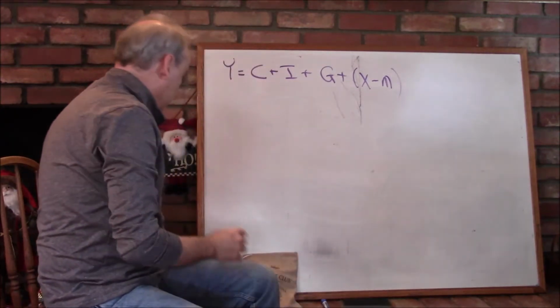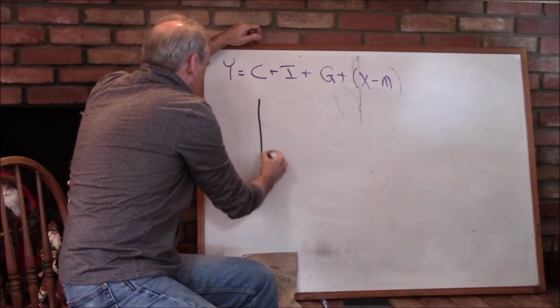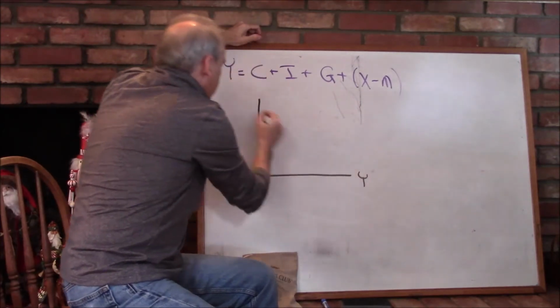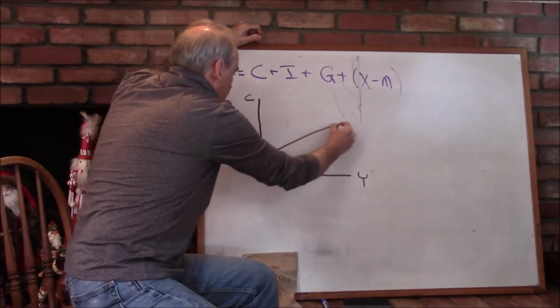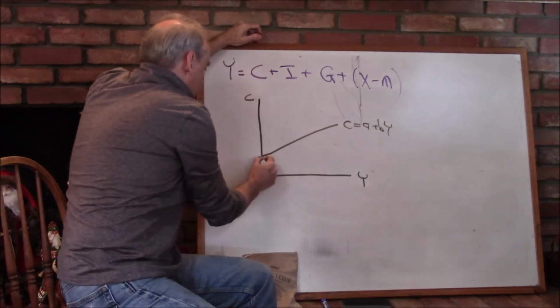Check this out. C equals A plus B times Y.